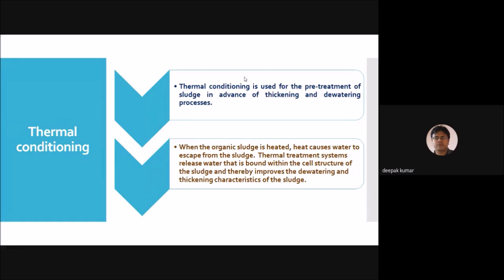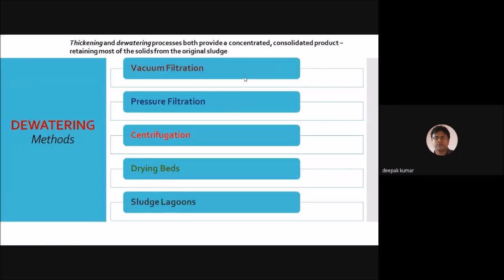Thermal treatment systems release water that is bound within the cell structure of the sludge and thereby improve the dewatering and thickening characteristics of the sludge. So basically, it is the heat energy which is doing all the process.